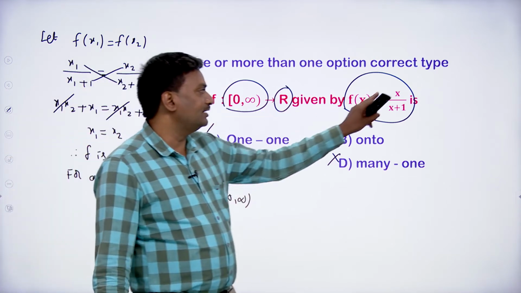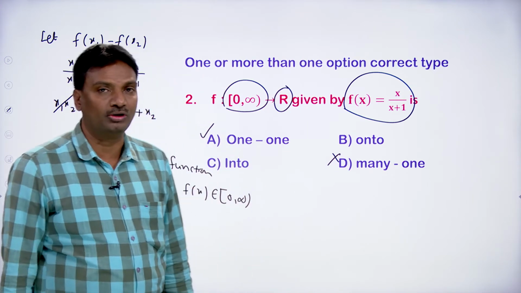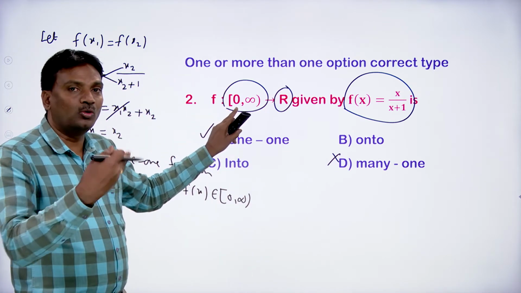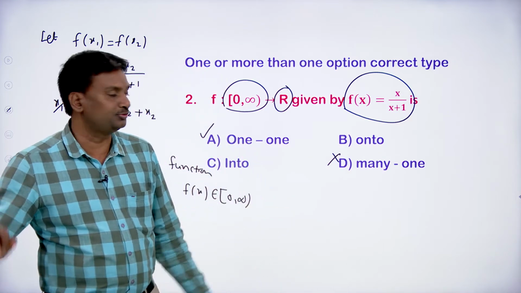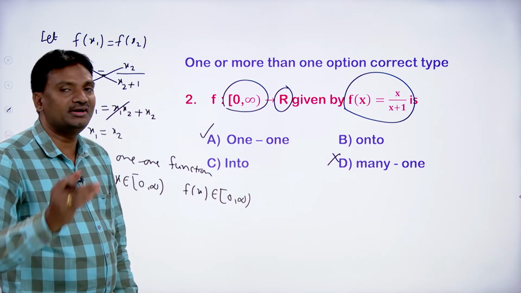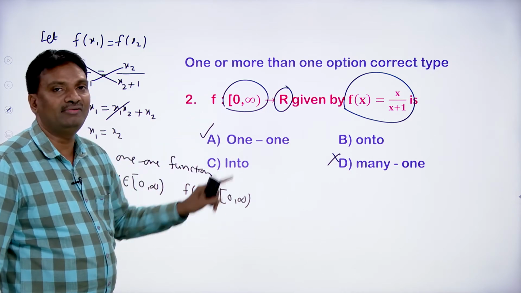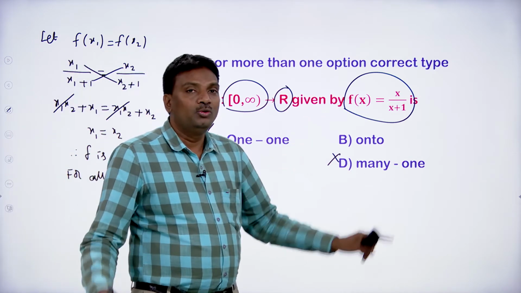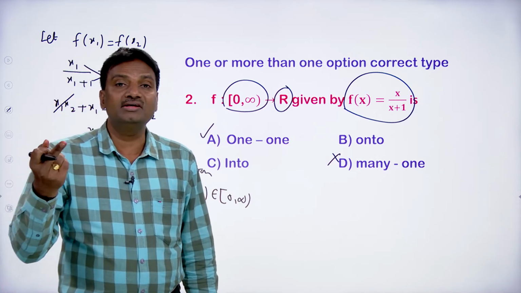If you take exactly x equal to 0, 0 by 0 plus 1, that is 0 by 1, 0 only. If you take values more than 0, then you will get positive values. We are not getting negative values. So f of x is greater than or equal to 0 for all real values of x in the interval 0, infinity.